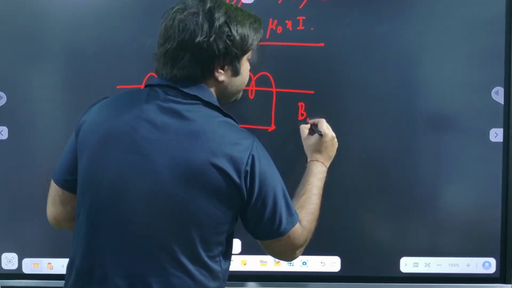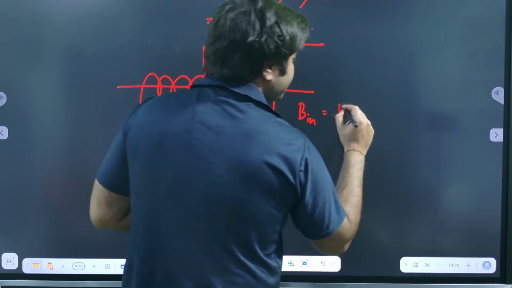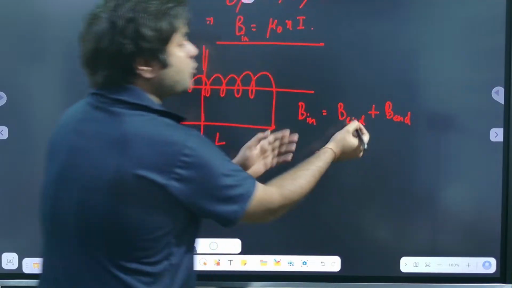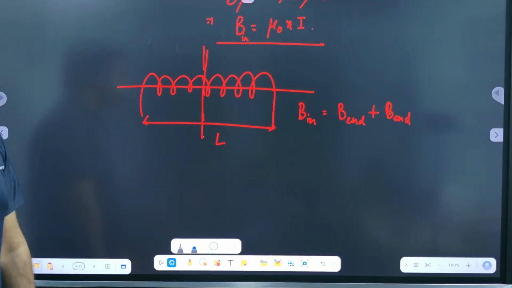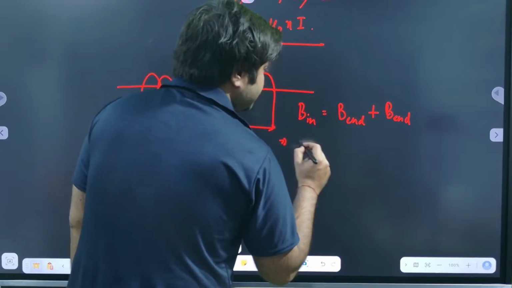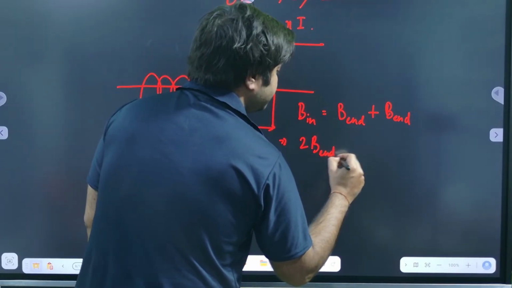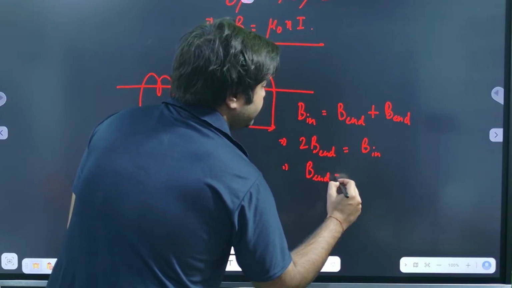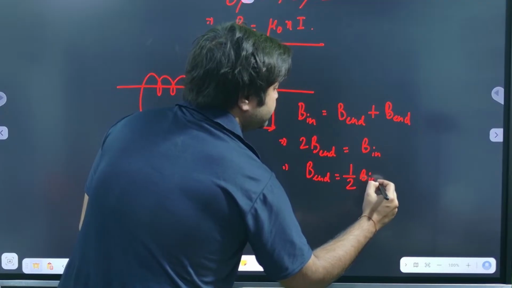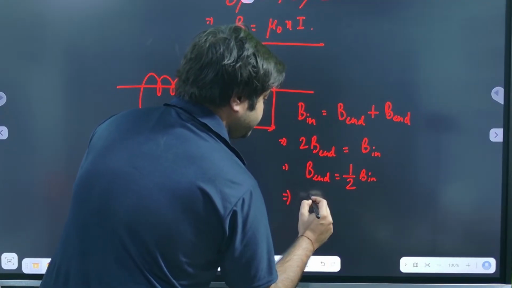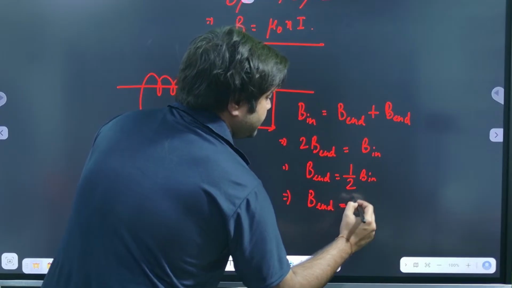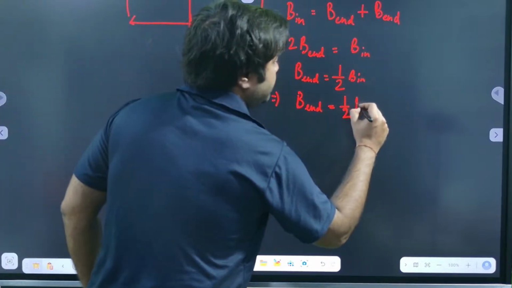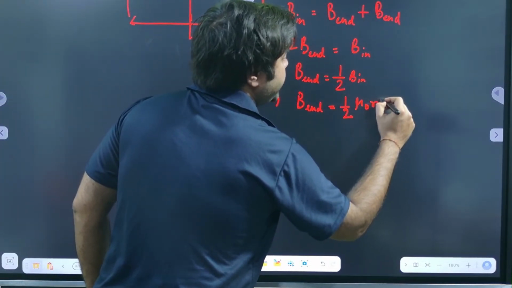We can write B inside equals B end plus B end. ये दोनों को मिला के ही इनसाइड वाला मैग्नेटिक फील्ड बनेगा. So 2B end equals B inside, and B end equals half B inside, and B end equals half mu naught NI.